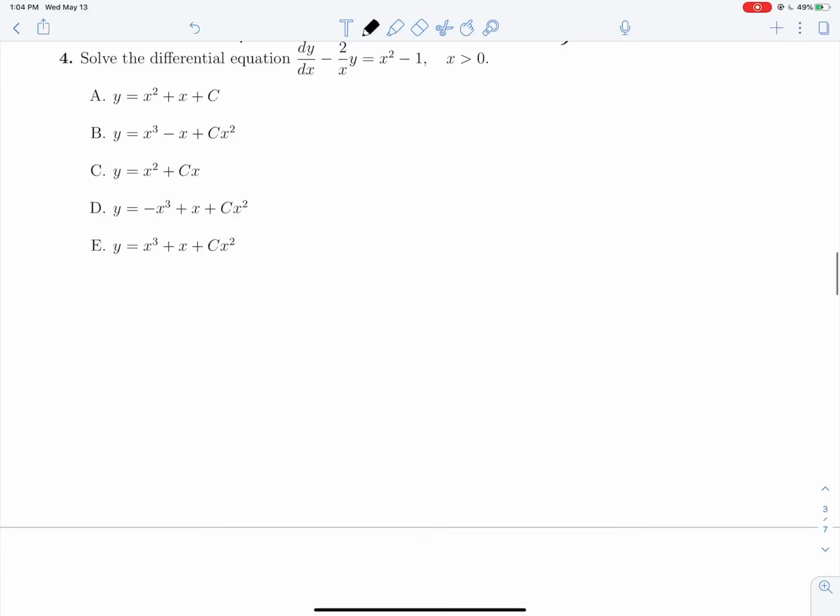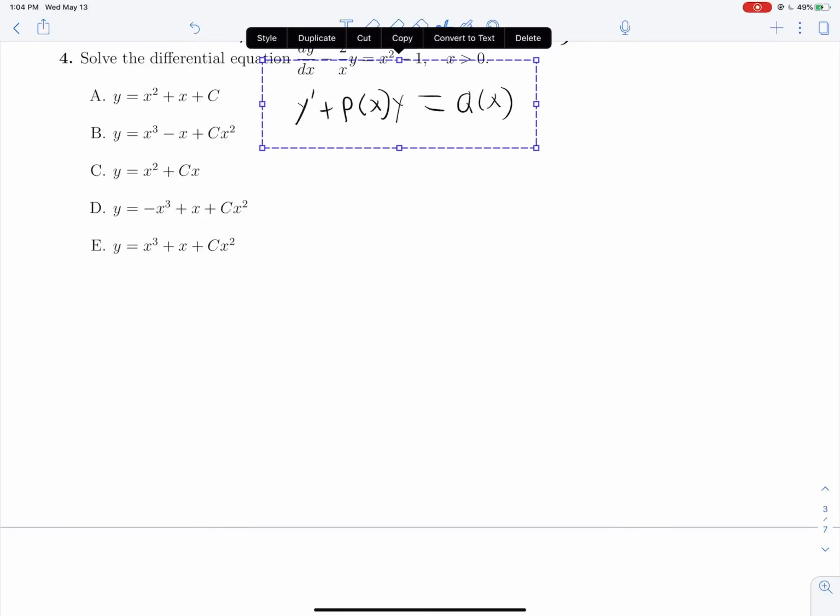Question 4, let's solve this differential equation here. Well, this is a perfect case for applying integrating factor because we have an equation of the form y prime plus p of x times y is equal to q of x. This is a linear first order equation here.